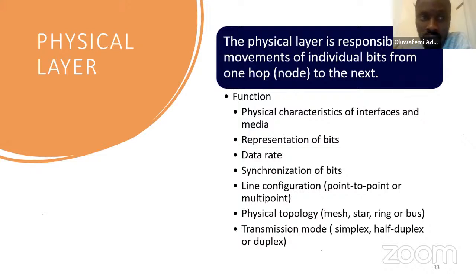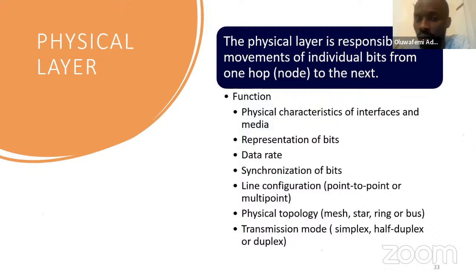It is through a medium, either copper, LAN cable, unshielded twisted pair, or wireless. Now, wireless is part of the physical layer. Do you understand? The physical layer is responsible for moving individual bits from one hop to another hop. So this layer is the one that determines the movement.